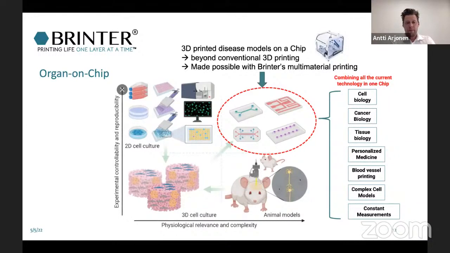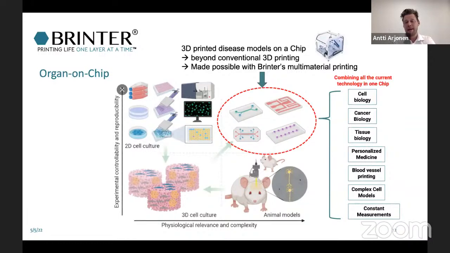In the past we had 3D cell culture, animal models, spheroid models, but now we are able to do these organ on chip models that can be easily done if they are designed correctly, and there we can use them in different kinds of manners.